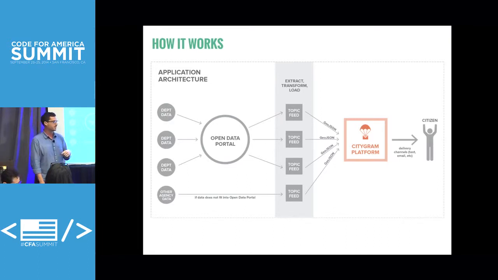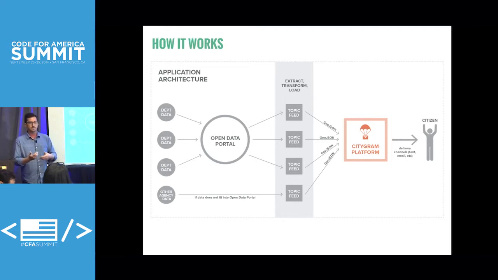Another big benefit of this architecture is because these ETL pieces don't live in Citygram, they're now generally useful. Other people can use them. You just built something that transforms something into, in the case of Citygram, GeoJSON. GeoJSON is a pretty common format for handling geographic data sets on the web.